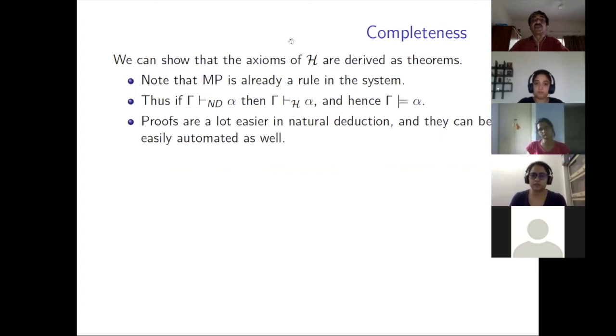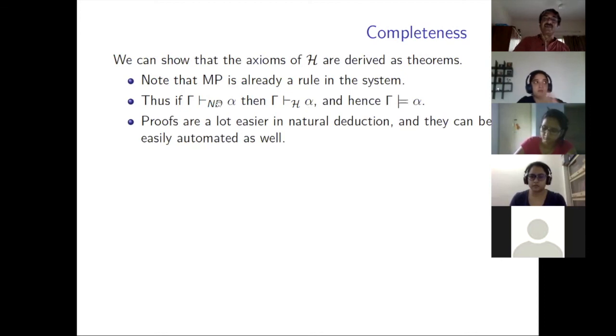Now, how do you prove that the natural reduction system is complete? Well, we can show that the axioms of H are derived as theorems. Note that modus ponens is already a rule in the system. So the axioms are derivable, and the original rule is derivable. Therefore, whenever there is a natural reduction proof, there is a Hilbert-style proof.